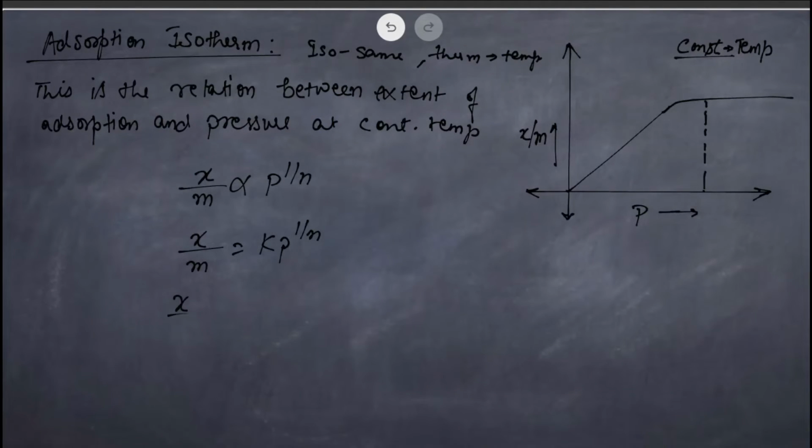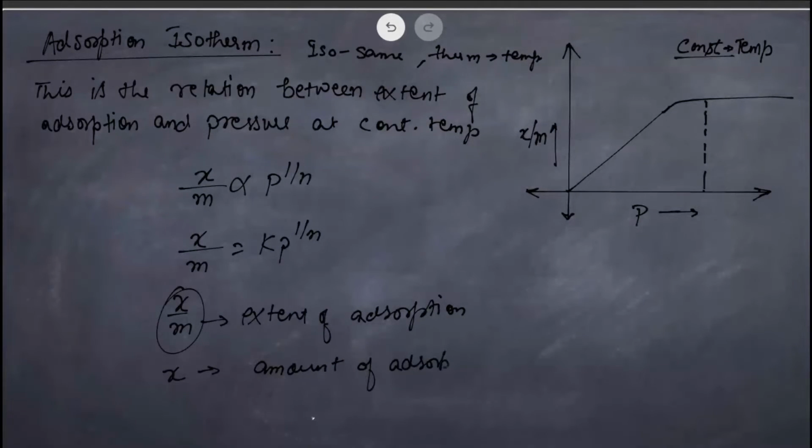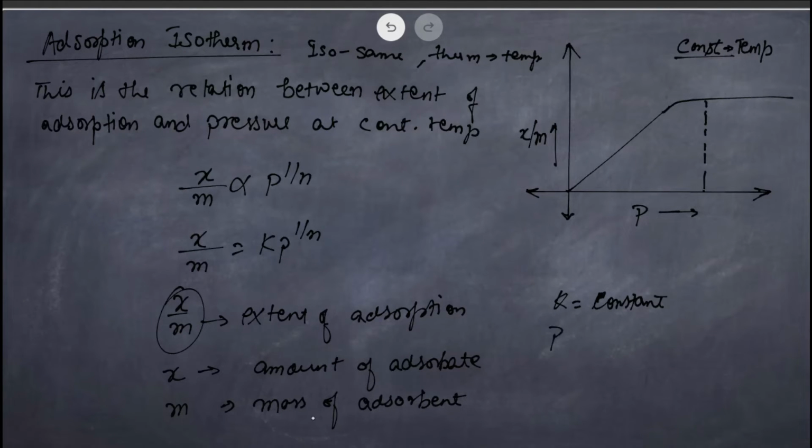So here x by m is the extent of adsorption, x is the amount of adsorbate, m is the mass of adsorbent, k is a constant, and p is pressure.